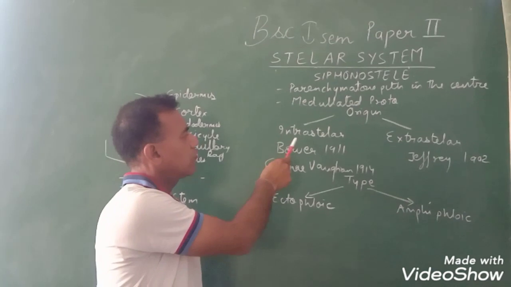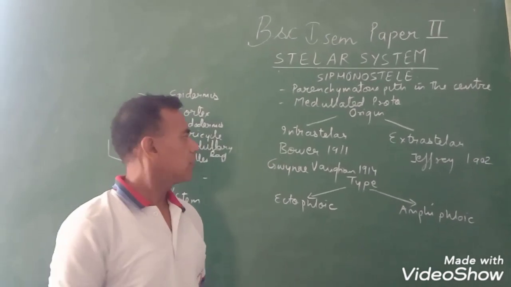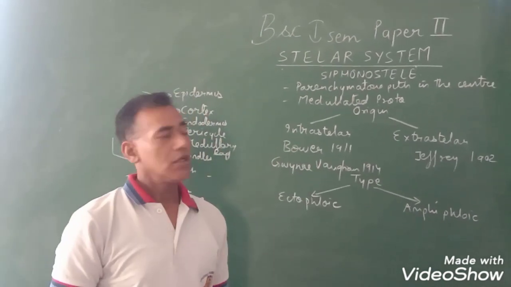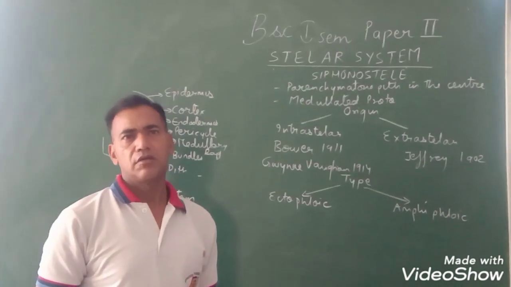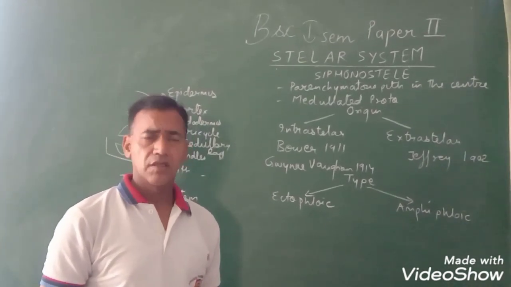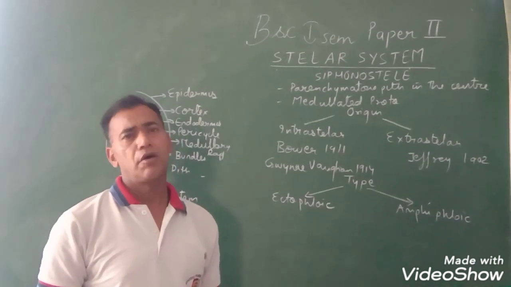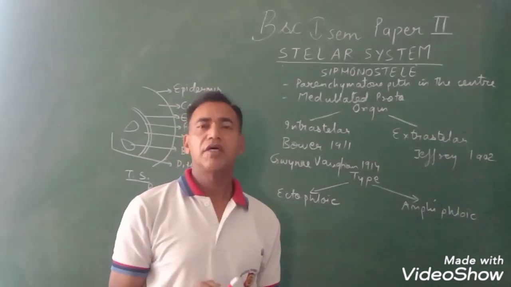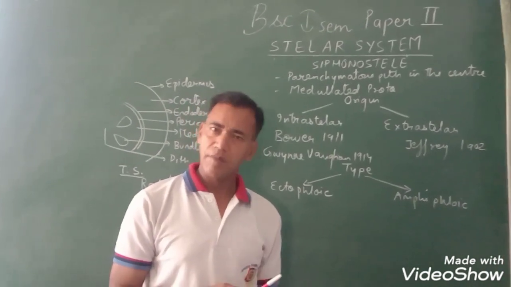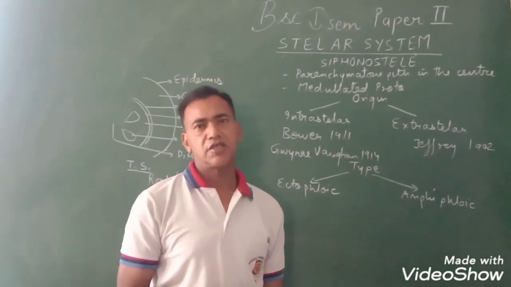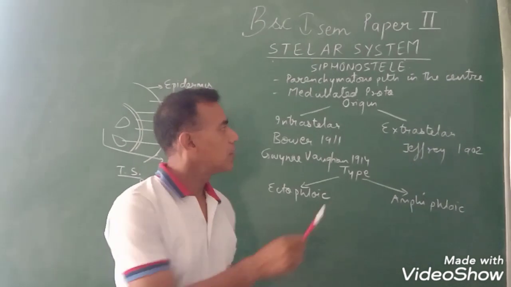The former theory was proposed by Bower and Vines-Mahabale, and according to this theory, the inner vascular tissues got converted into parenchyma tissue, thereby resulting in central pith.